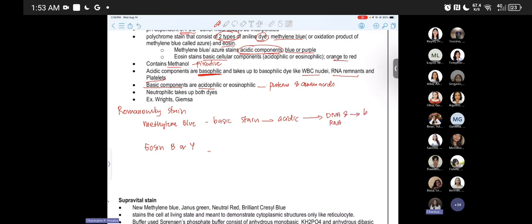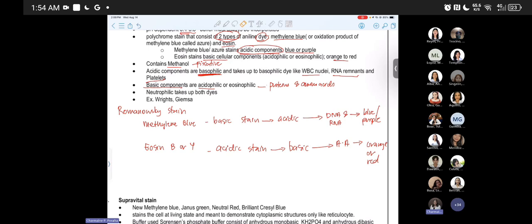The color is blue and purple. Eosin B or eosin Y is an acidic stain. It stains the basic components such as proteins and amino acids. So the color is orange or red.